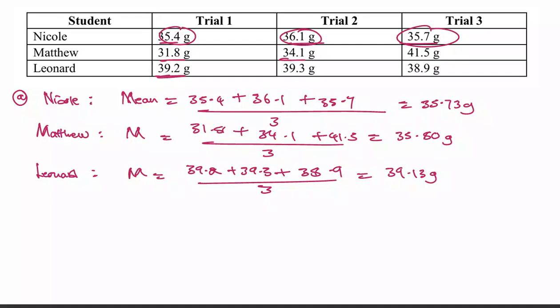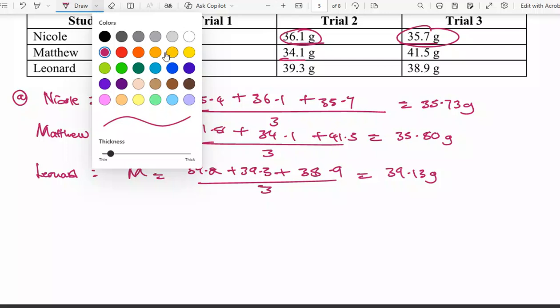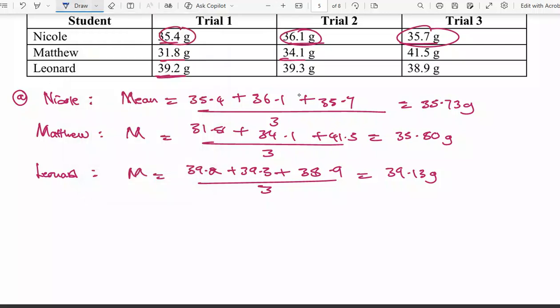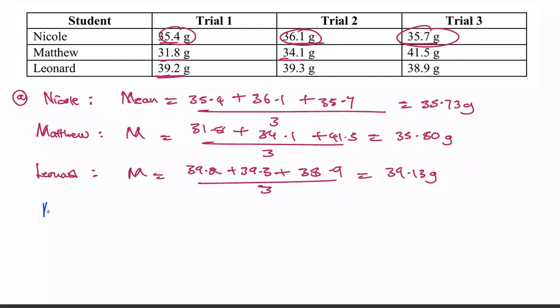For us to find the accuracy, we need to subtract. I said when you are dealing with accuracy, after finding the mean, you need to find the difference between the true value and the mean. So that's what we are going to do next.